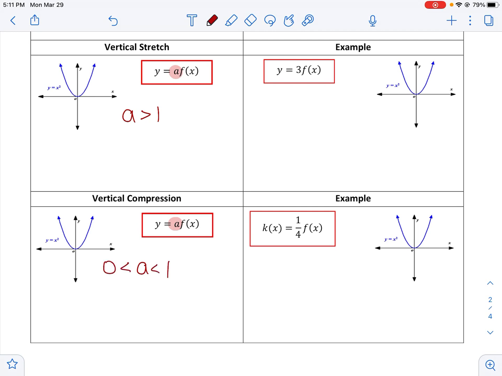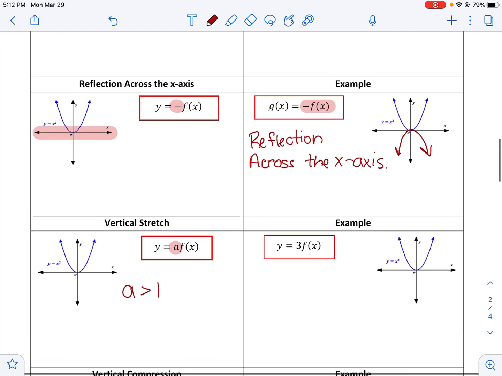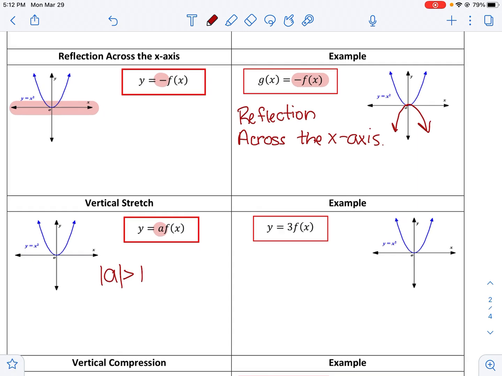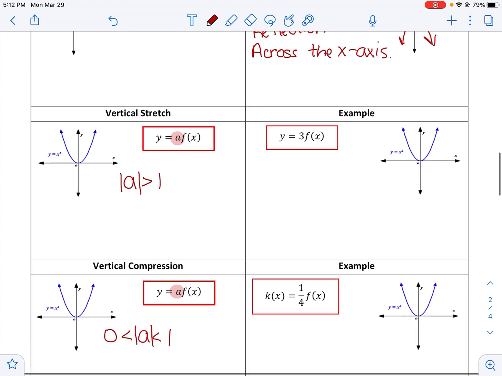Now remember, this does not say negative. If it's negative, that's when it's going to be a reflection. So it could have a negative and a number. That means it's 2 different transformations. This one is just talking about the A. So I guess we need to say the absolute value of A. Okay, the absolute value of A. So let's be more mathematically correct.